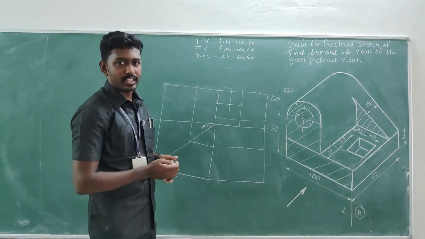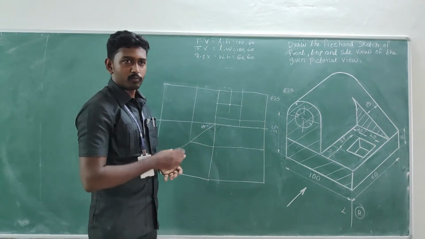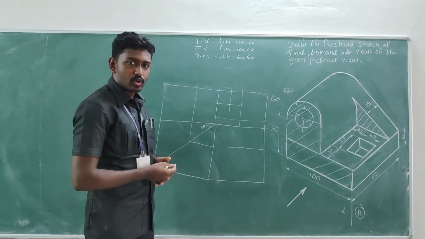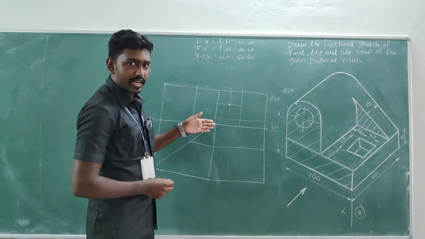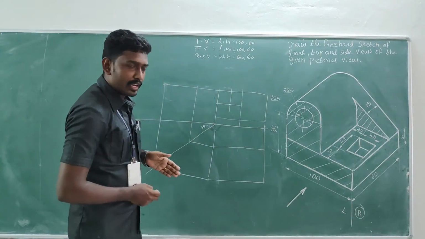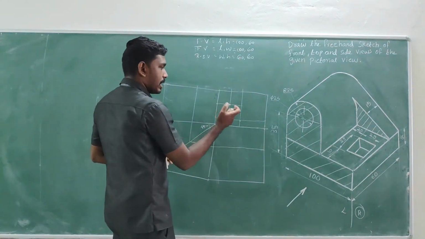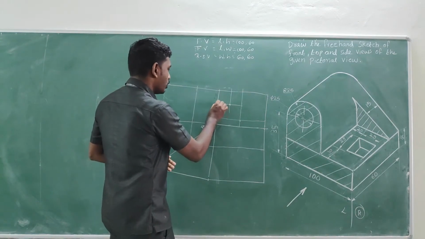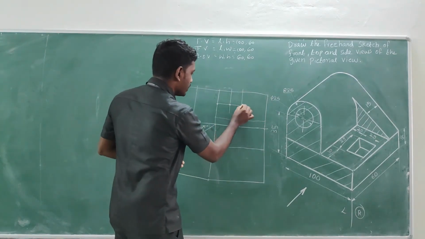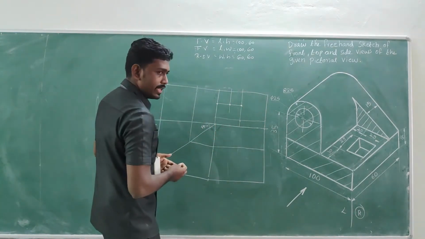Since it is freehand sketching, we cannot use the compass. So in the center we have drawn a straight line. Afterwards, with the help of a scale, you have to mark the radius. That means this end will be the radius, and from here will be the radius as well.